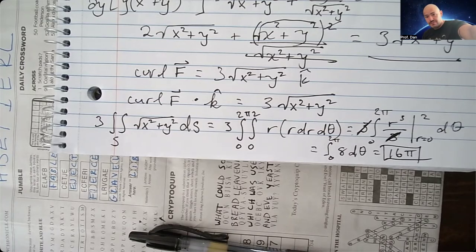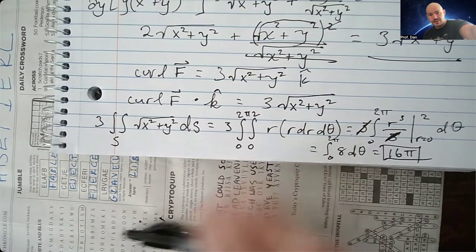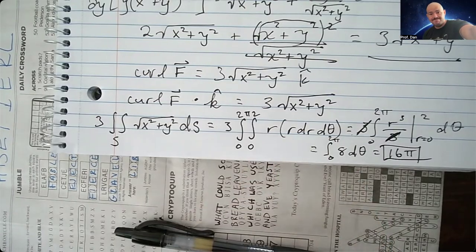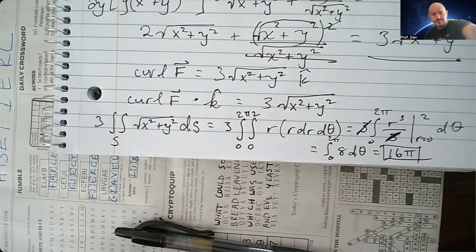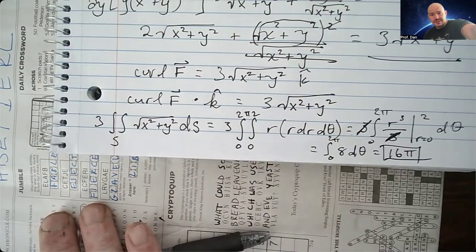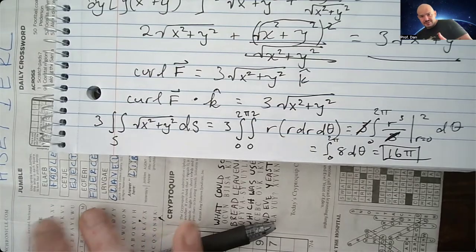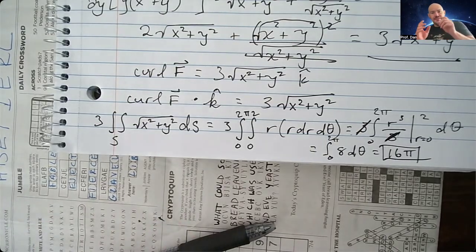All right, if there's no curl, then remember that means that the three-dimensional vector field is conservative. And if that's true, what would be true about the surface integral? It would be 0. Yep. So that's another thing to keep in mind. All of this kind of connects back together, right? Vector fields, conservative or not, we look at the difference in partials, kind of like what we look at in Green's theorem.